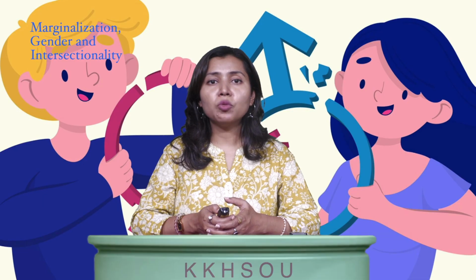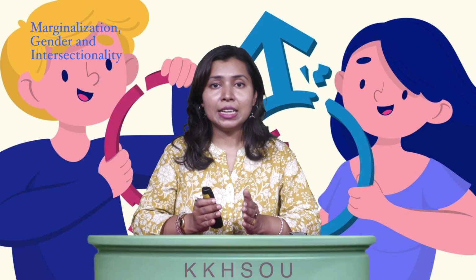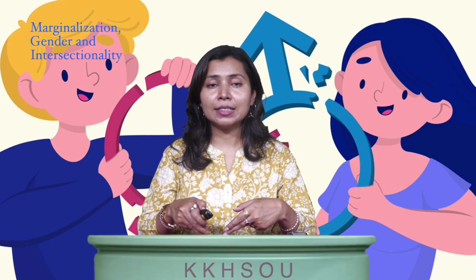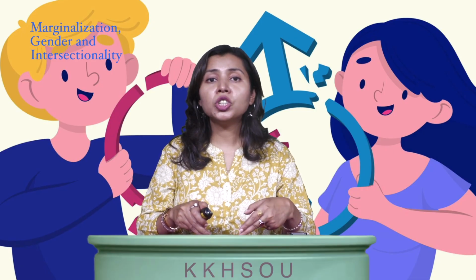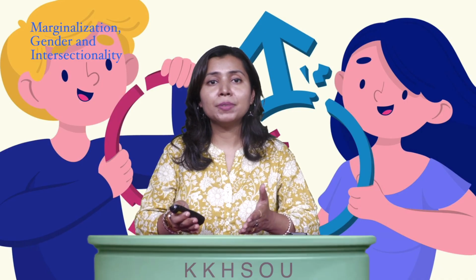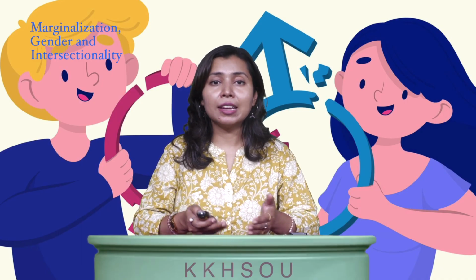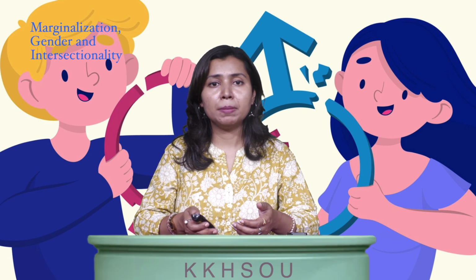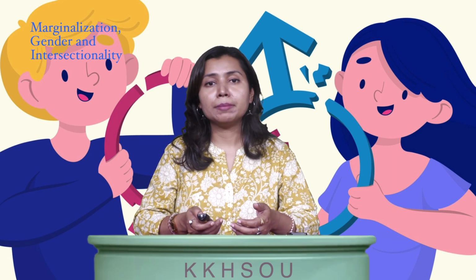So, understanding one's own positionality, that means the social location one occupies based on intersecting identities, is crucial for recognizing how power operates. This awareness helps avoid generalizations that treat all women, all racial minorities, and all working class people as having identical experiences.